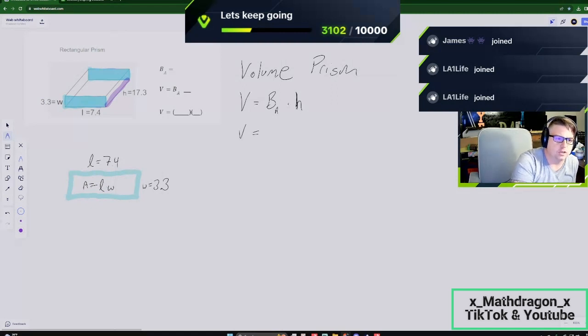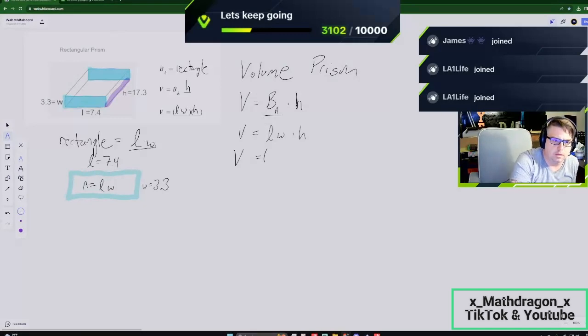So my base shape is going to be a rectangle. And the area of a rectangle is length times width. So this base area now becomes length times width, and my height just stays the height. But we already know what the height is. So we're going to do length times width times height.